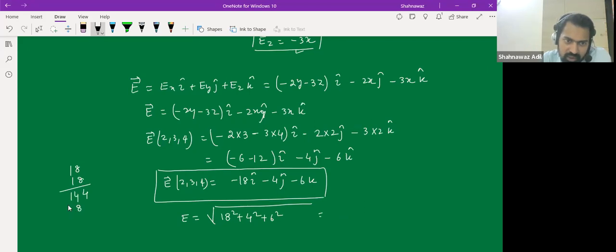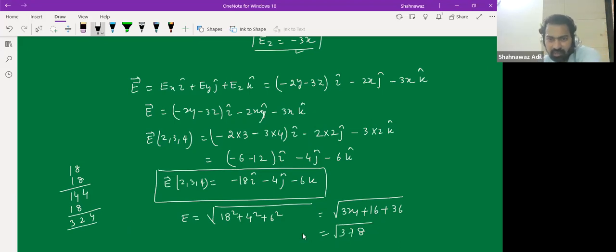So this is 324 plus 16 plus 36. So this is root of 376. So this is the magnitude of the electric field.